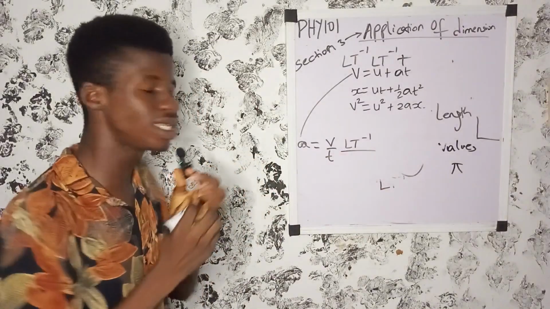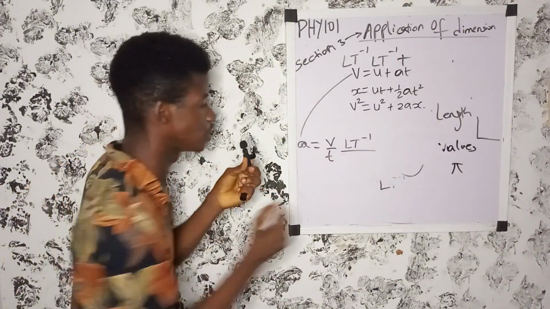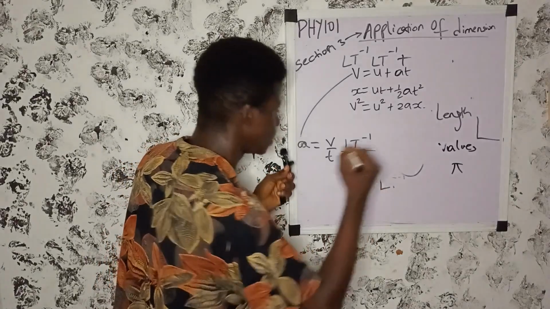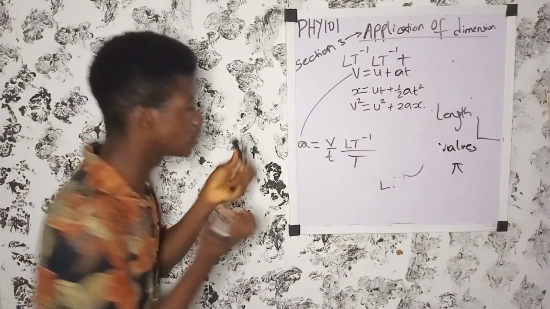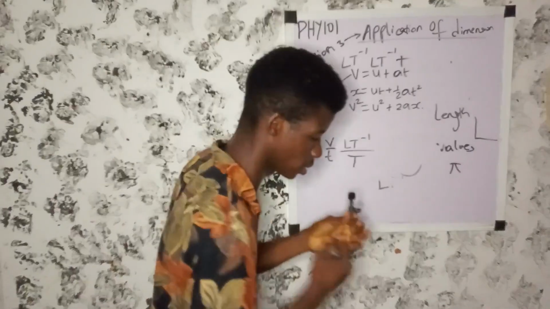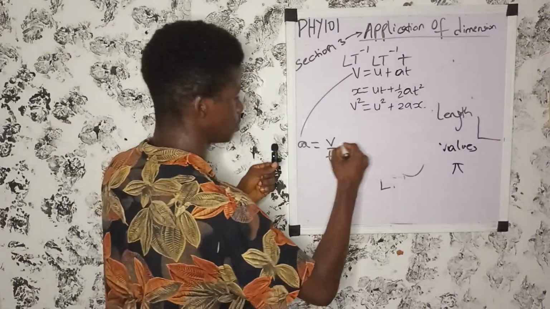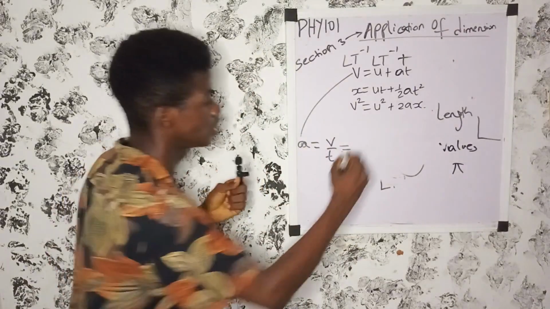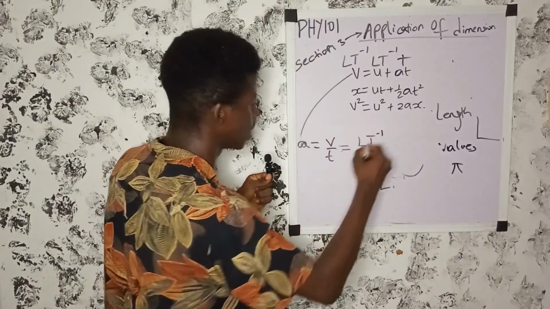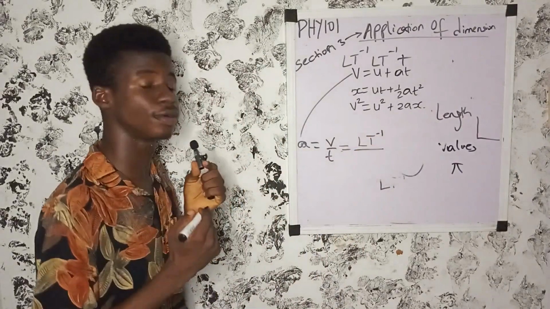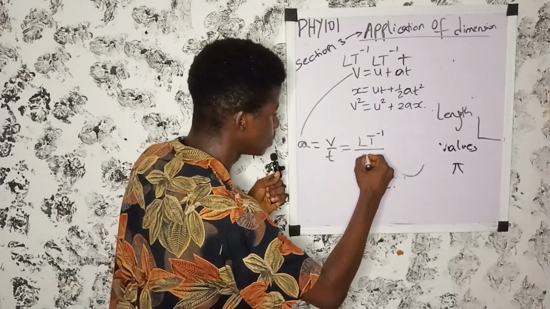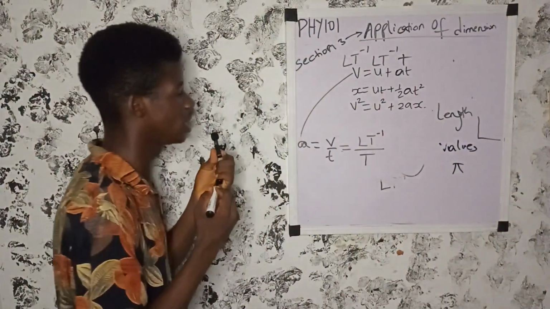What about time? The dimension for time is capital letter T. So the dimension for acceleration is the dimension for velocity, LT raised to the power minus 1, over the dimension for time, capital letter T.